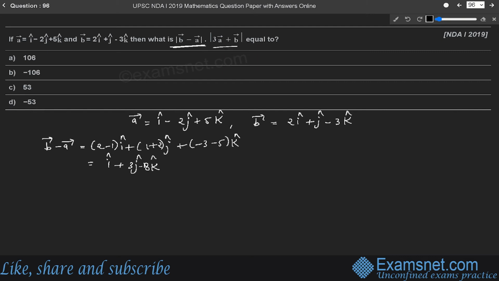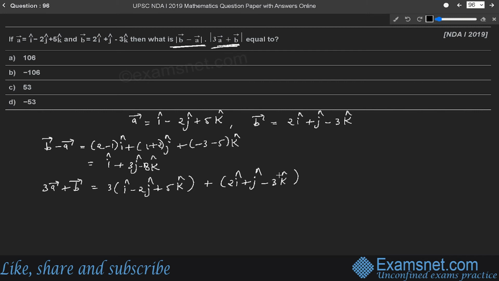Now let us find the value for 3 into A vector plus B vector. So 3 into A vector plus B vector will be equal to 3 into (i cap minus 2j cap plus 5k cap) plus B vector, which is 2i cap plus j cap minus 3k cap.